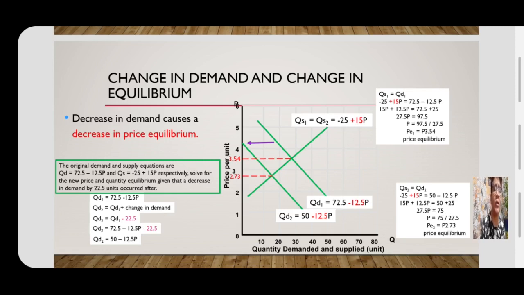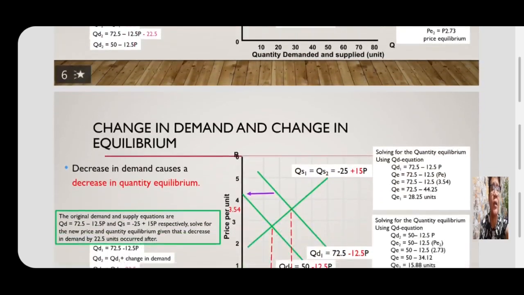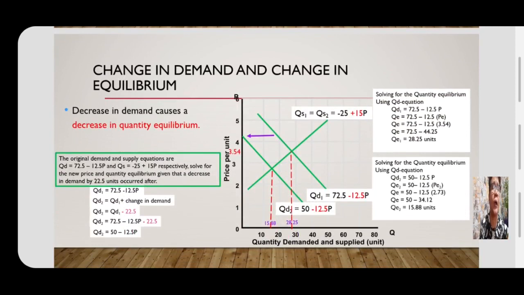And we can use this original and new price equilibrium to solve for the original quantity equilibrium and new quantity equilibrium, which can be found on the next slide. So let me show the next slide, emphasizing how the original and the new quantity equilibrium is solved. We already have computed the original price equilibrium and the new price equilibrium.